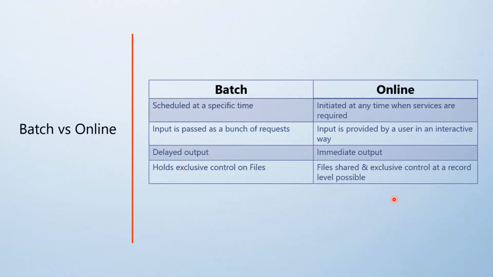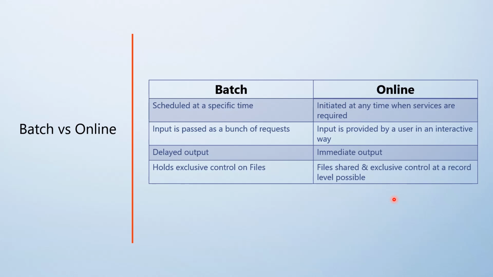Before we talk about CICS, I think it's good to know the difference between batch and online. What was the need for people to create online when they had batch? Let's go back to the 1970s. In those days, transactions were run only in batch mode.